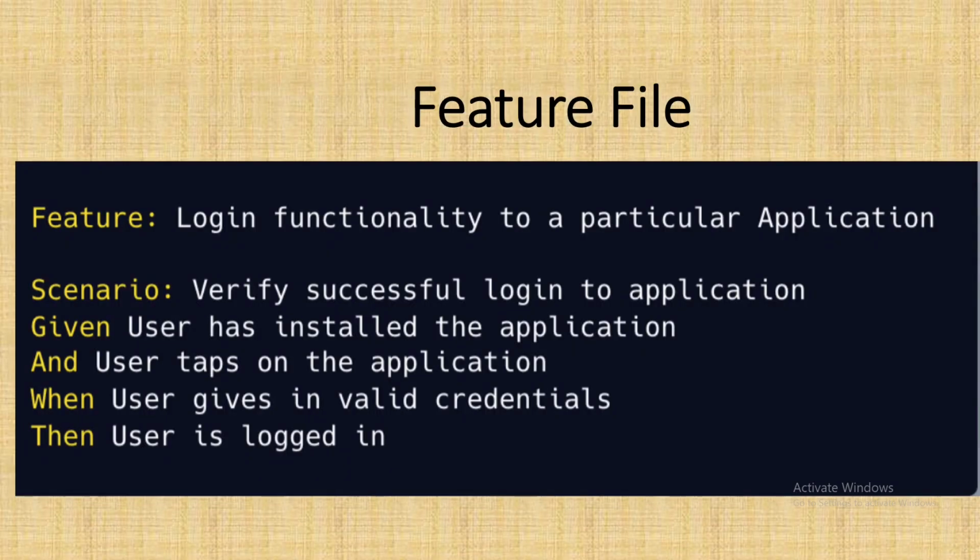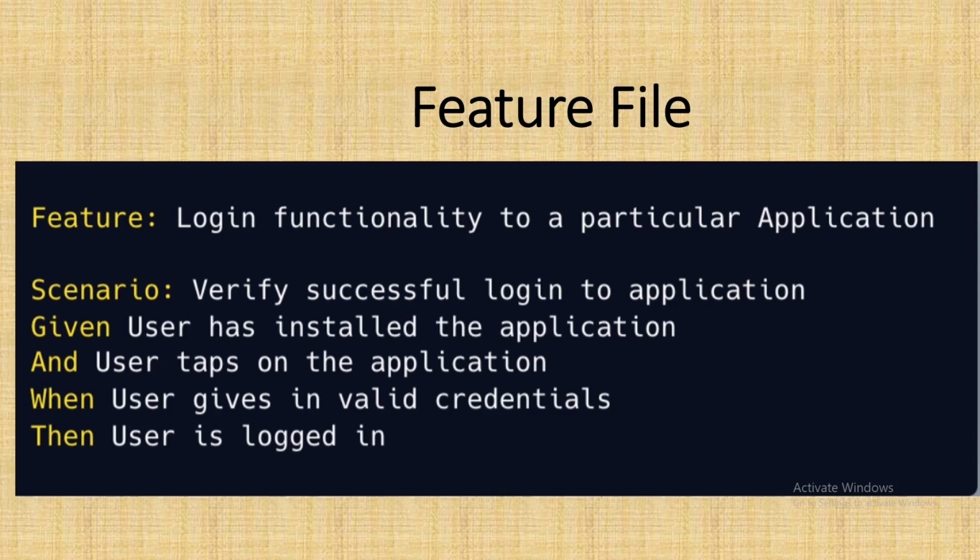So this is the feature file we are writing. There will be a feature. Let's say this is a high level example where we are checking the login functionality of a particular application. So scenario: you need to verify successful login to the application. So these all are Given, When, Then. Given is generally used to set up the initial context or starting state. So here, verify successful login to the application is a setup or prerequisite.